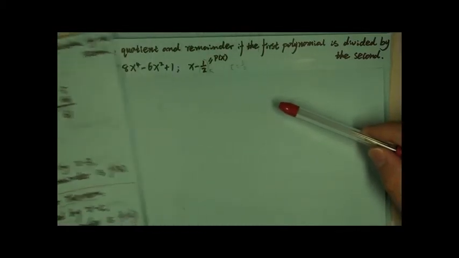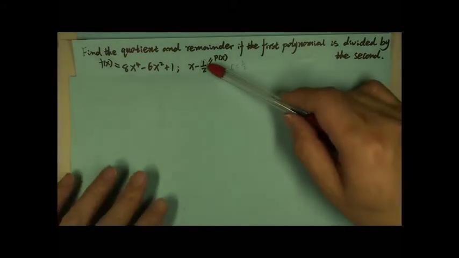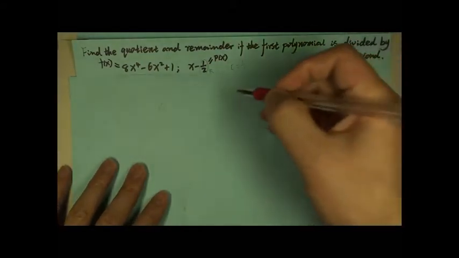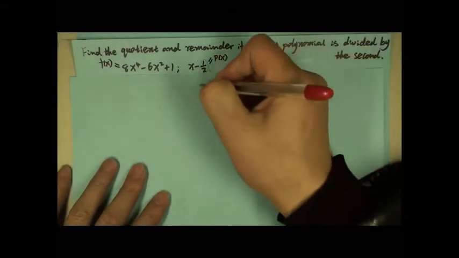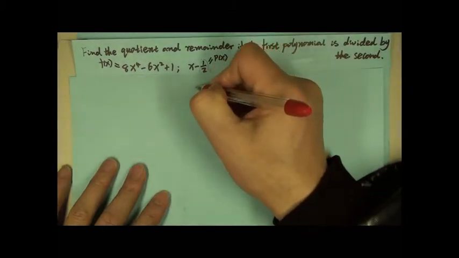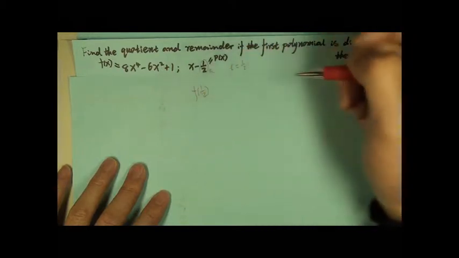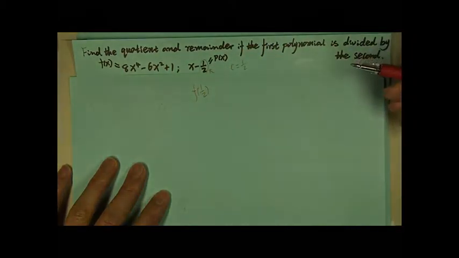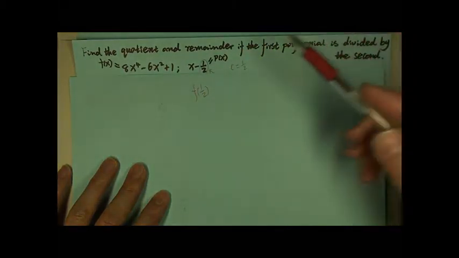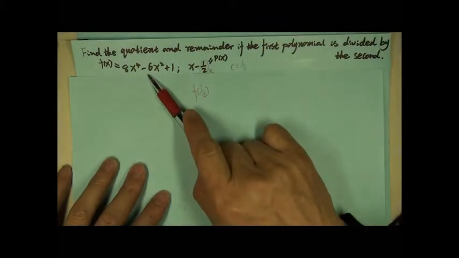Now, if here is 1/2, then what we should do is find the remainder. Then we need to find out f of 1/2. So here is f of x.